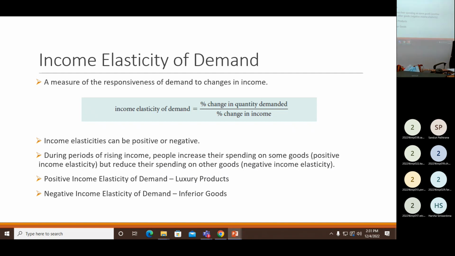What sort of income elasticity of demand will it have? Inelastic. Why?